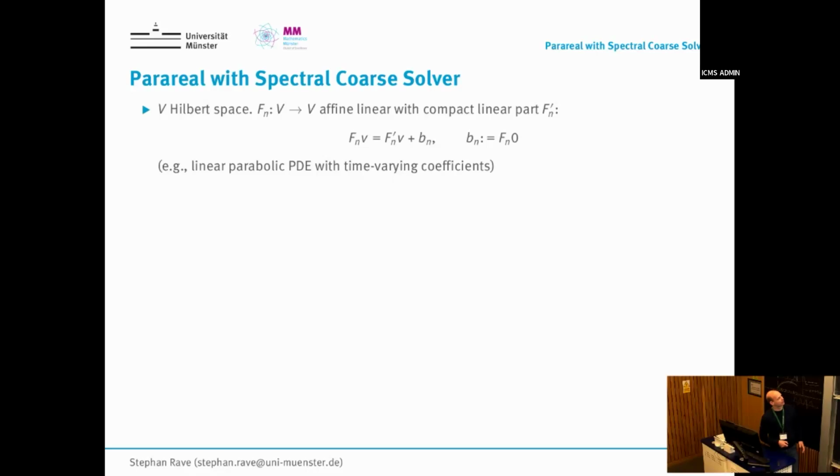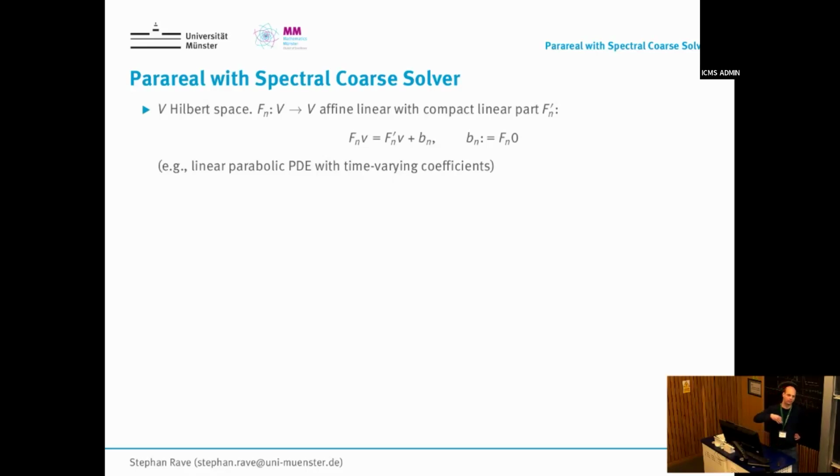Yeah, so the general case is the following. We have an arbitrary Hilbert space V, and for each time interval, a fine solver Fn, which I assume to be linear affine with a compact linear part. Yeah, and on the analytical level this would be the case if I am looking at a linear parabolic PDE with time varying coefficients.